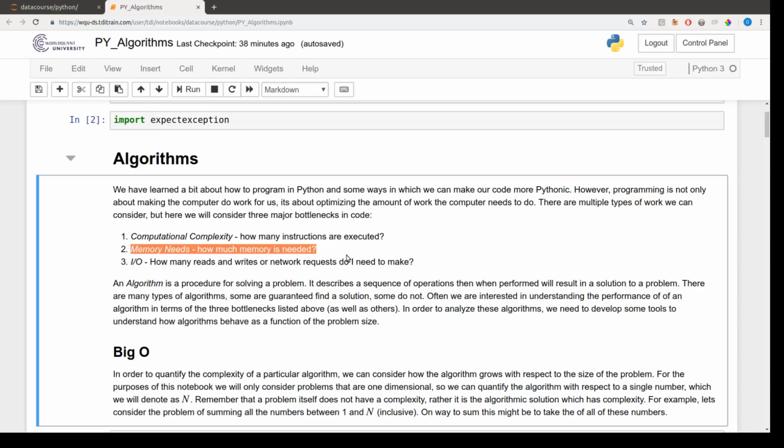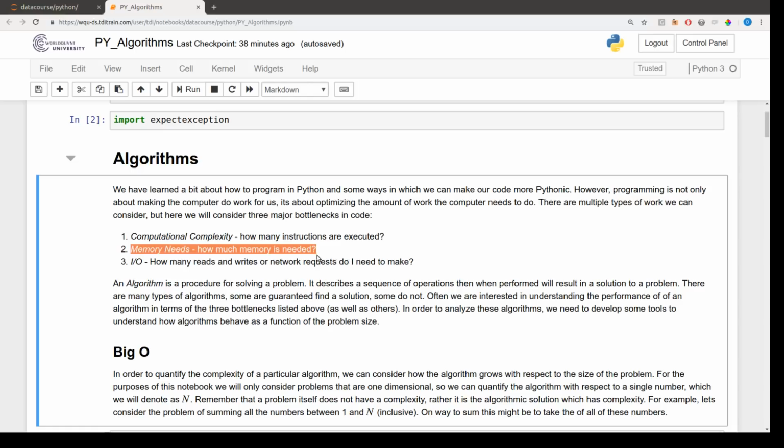But even though this is quite a lot compared to the amount of memory computers had 10 years ago, or certainly much more than 20 years ago, it's still a limited amount. So we can't store an infinite amount of data in memory. And we may need to consider, how does the amount of memory we use grow as our input grows?